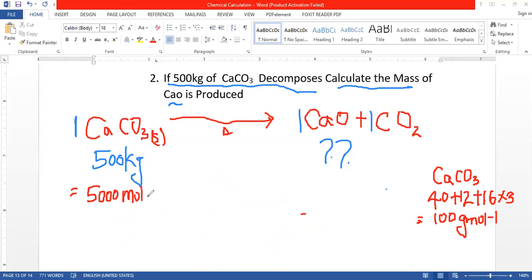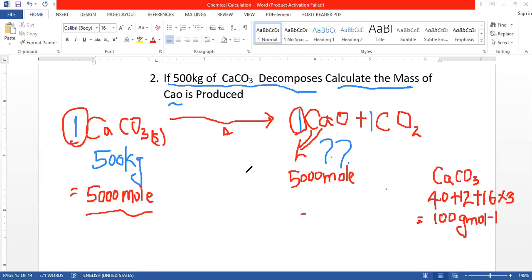So the ratio between calcium carbonate and calcium oxide is 1:1. If it is 5,000 mole, calcium oxide also would be how much? 5,000 mole. So now I am going to use the same equation.